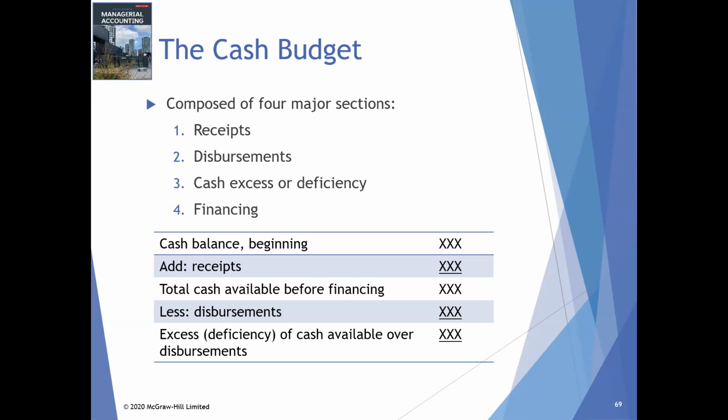The disbursement may be direct material, direct labor, manufacturing overhead, selling and administration overhead. All these are the cash we have already paid or are supposed to pay.